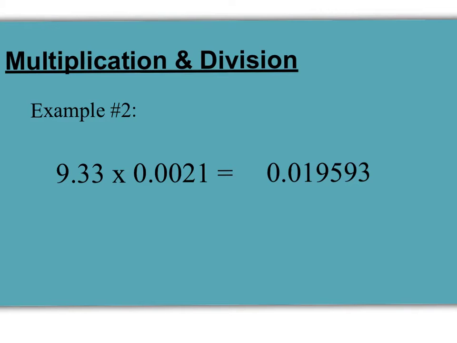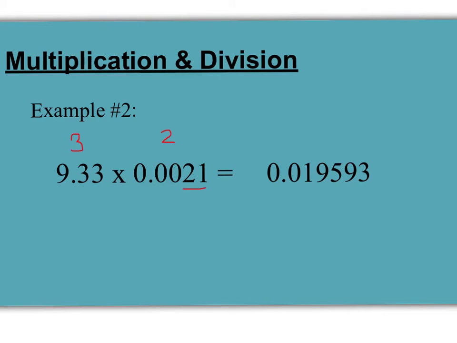Here's just another example. If we take 9.33 and multiply it by 0.0021, we will get this answer, 0.019593. So to solve this, we want to figure out how many significant digits are in each of the values in our problem. 9.33 has 3 significant digits. This next number only has 2 significant digits, so our answer can only have 2 significant digits.